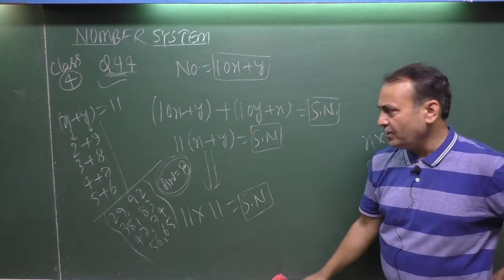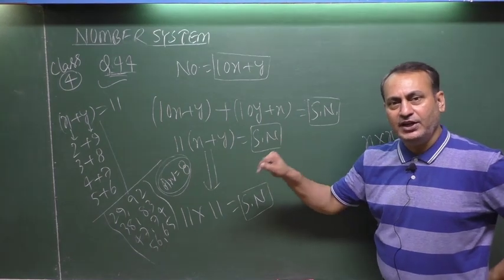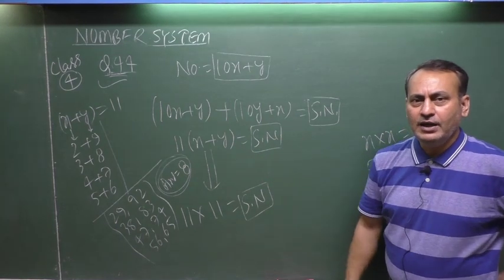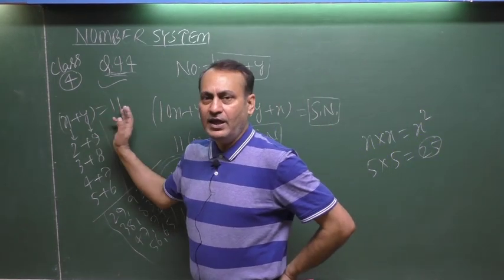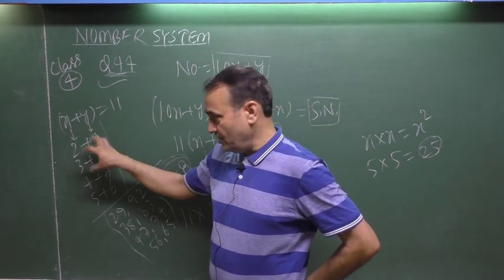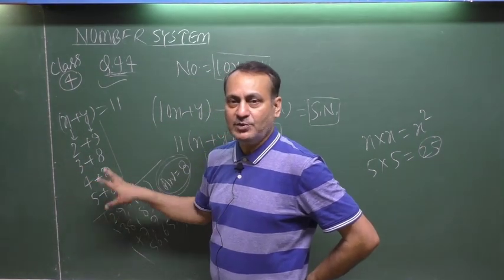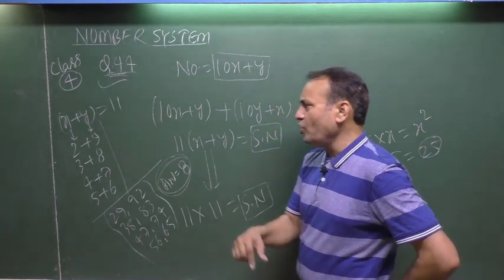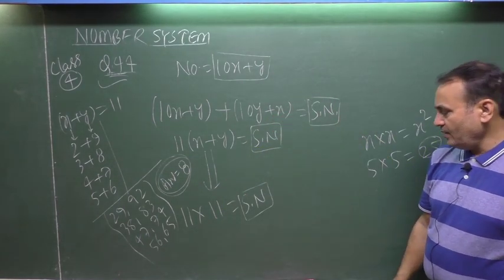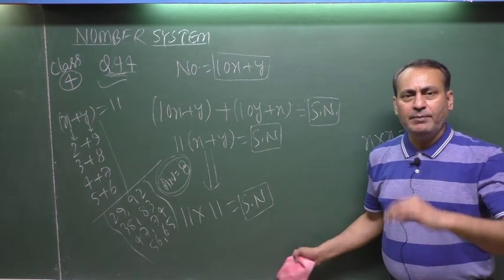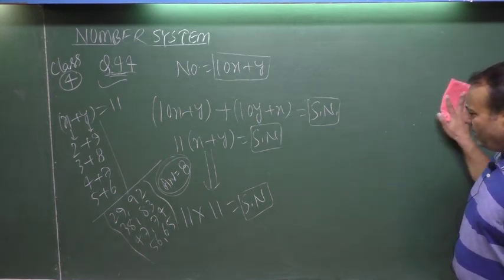After proceeding you got 11 into x plus y equals a square number. That means 11 into 11 can be a square number. That's why x plus y equals 11, and x and y may be 2 9, 3 8, 4 7, 5 6. That means there are only 8 numbers. Note down. You should remember the answer here is 8.